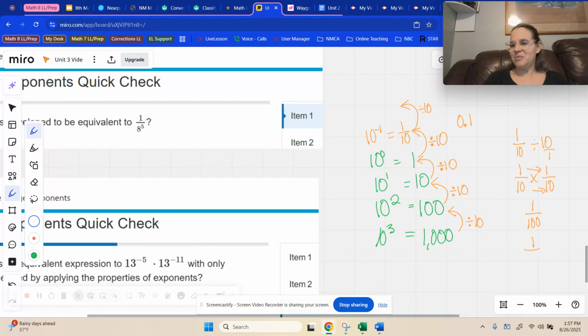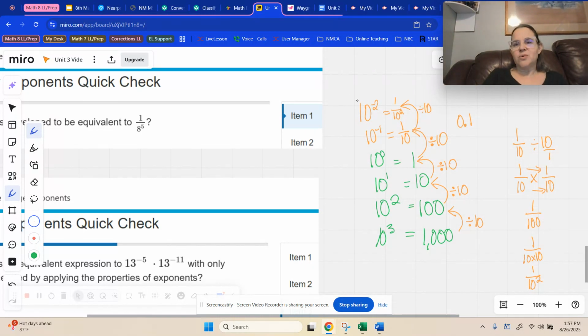Actually, it's going to be better if I write it 10 times 10, because with exponents this is how we usually write it: 1/10 to the second power. It's 10 times 10. So 1/10 to the second power is the same as 1/10 divided by 10.